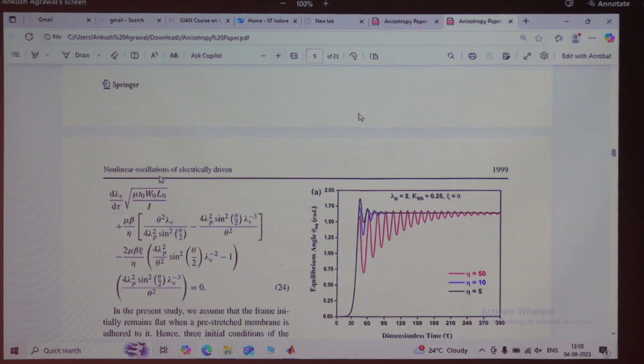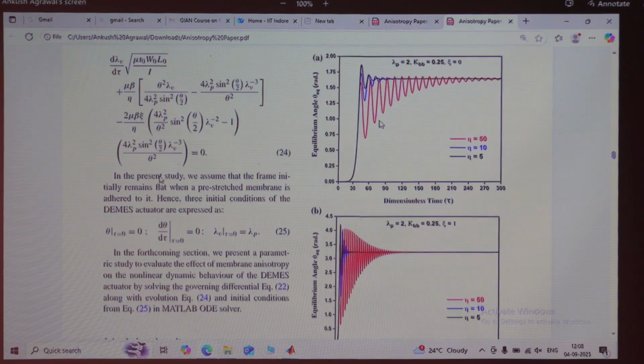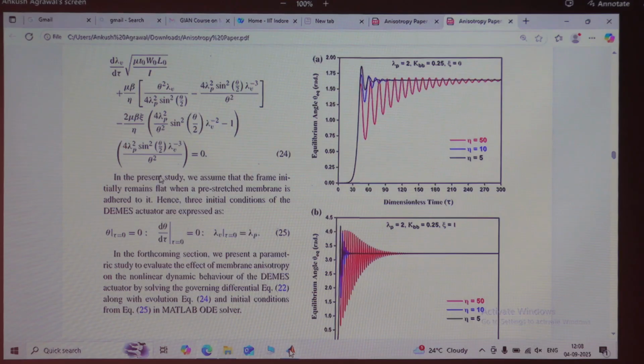So what is happening? What is the conclusion from this? For anisotropy we will put z to be 1, xi to be 1, then we can see. So the conclusion is that when we are considering the viscosity of the membrane into account, without anisotropy, our structure with the different viscosity parameter ultimately lands up at the same attained configuration, but in the case of the membrane with the higher membrane viscoelasticity, the time taken by the structure to reach that configuration increases.